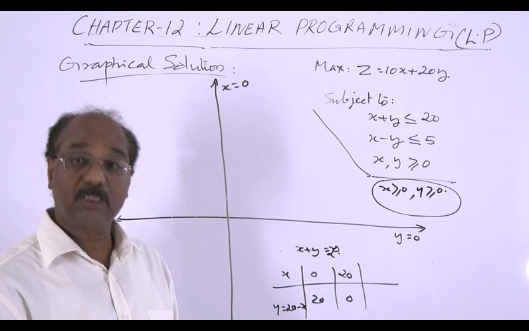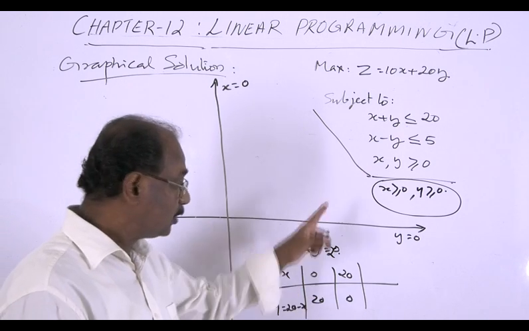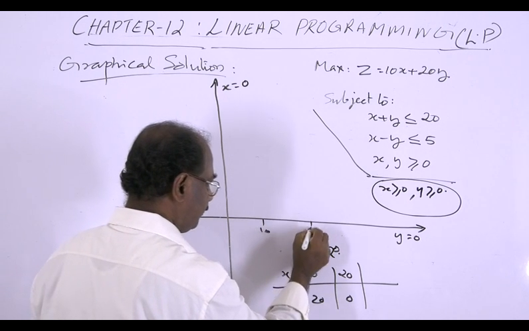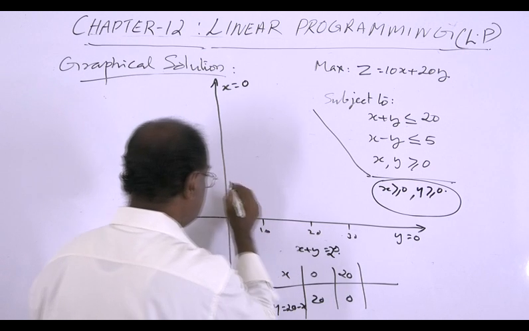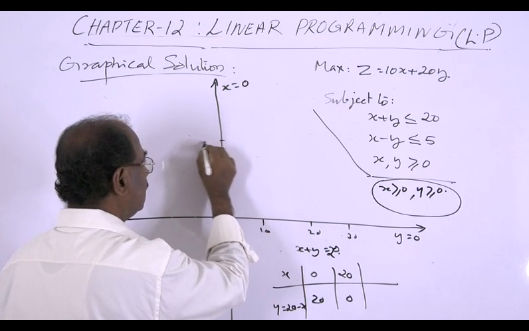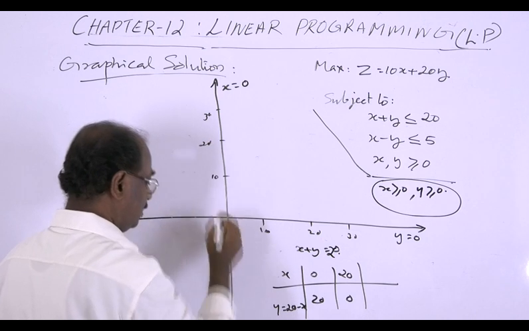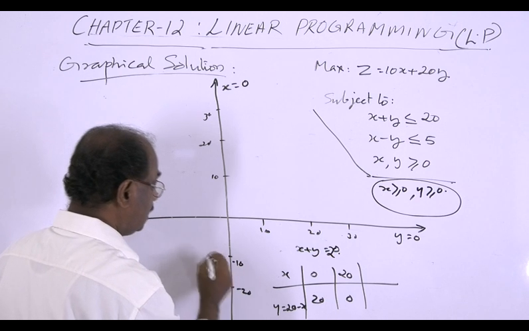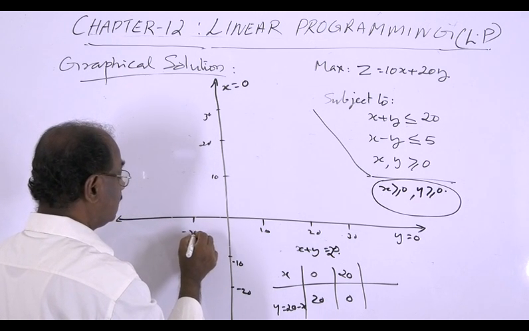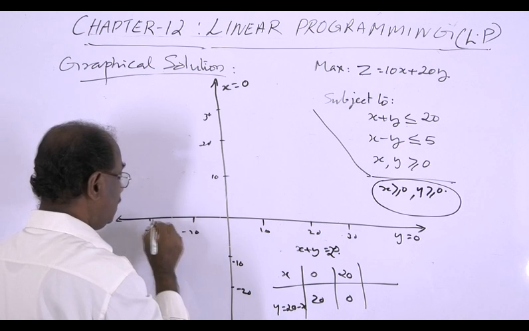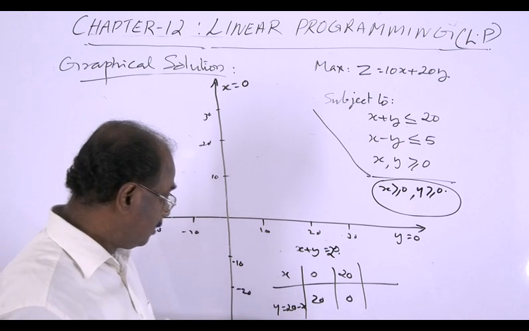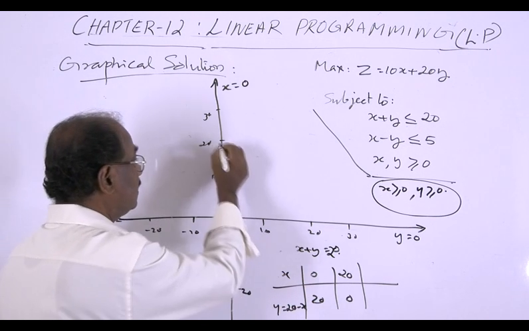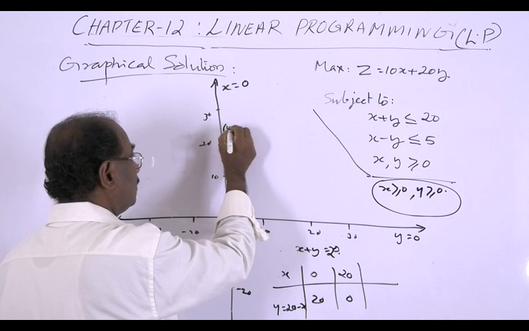Mark these two points on the axes. First mark the point x 0, y 20, which is 0, 20.